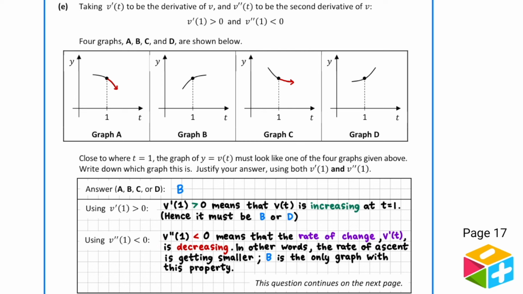In other words, the rate of ascent is getting smaller. The function is increasing, but it's starting to level out. B is the only graph with this property, so our final answer here is graph B.